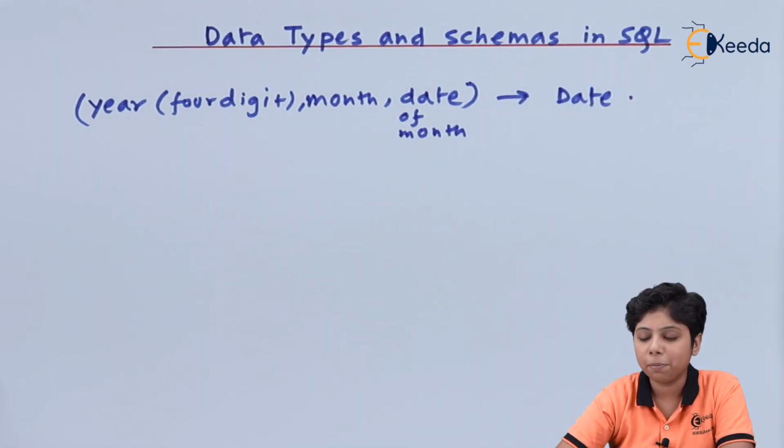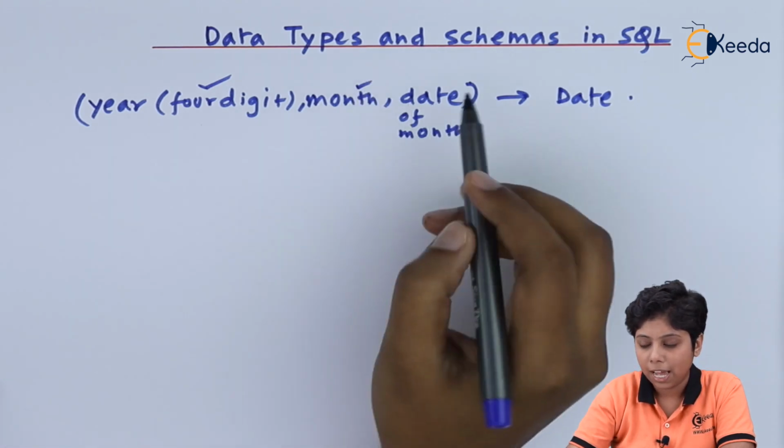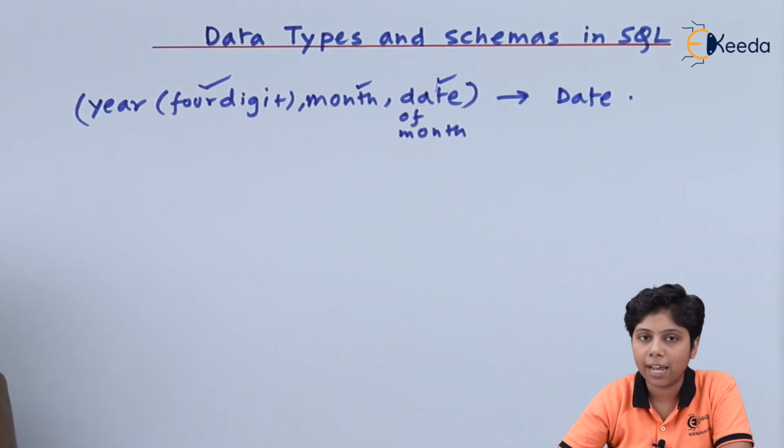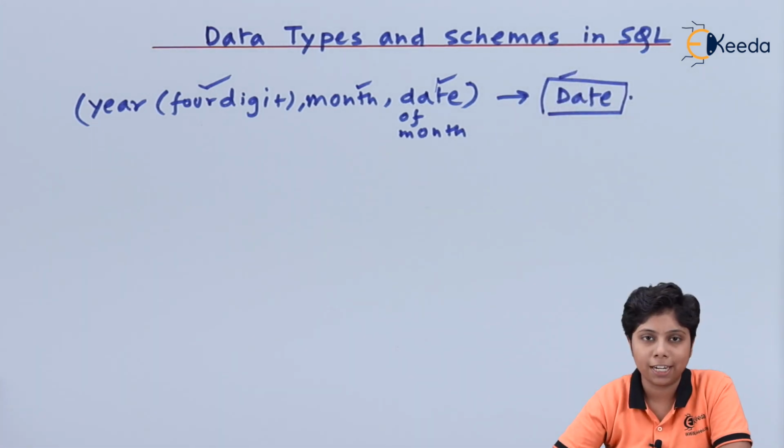The date data type consists of the year, a 4-digit year, the month, and the day of the month, say 2005, 7, and 9, like this. This is the basic structure of a date data type.